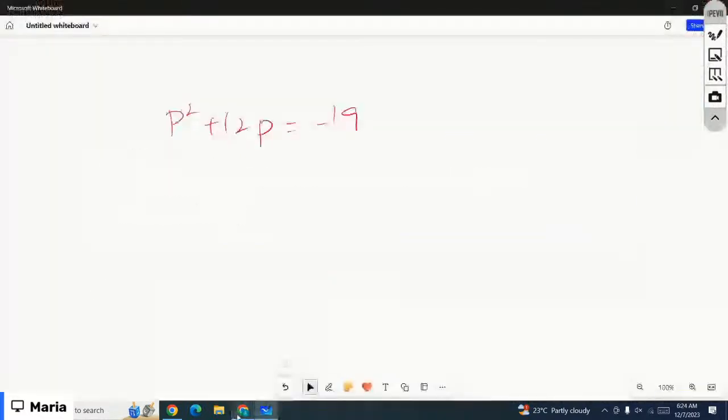Yes, okay. So here is b, right? Just add b over 2 square. That would be 6 square. That means on both sides you have to add 6 square, right?